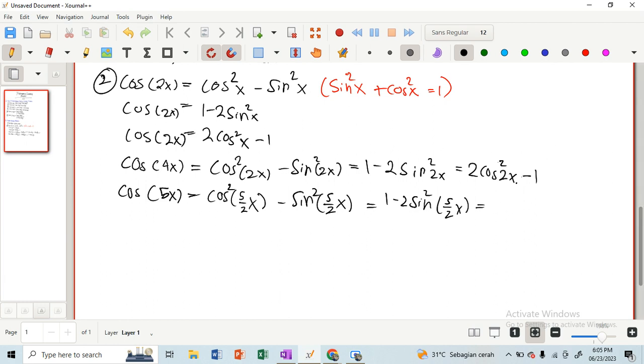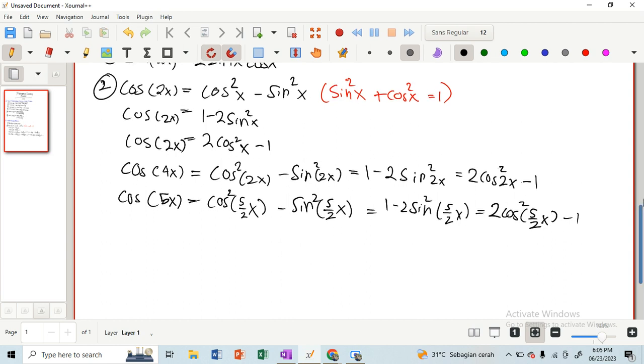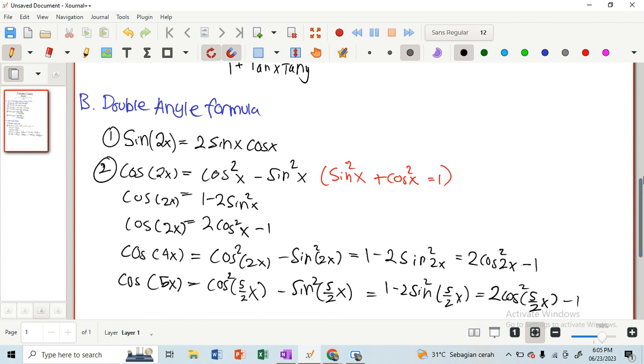Or you could expand this into 2 cosine squared of 5 over 2 x minus 1. So this identity can change according to the circumstances that you have. Okay, this is a very interesting fact, and sometimes this is the thing that students forget: that you can modify the formula that you had.